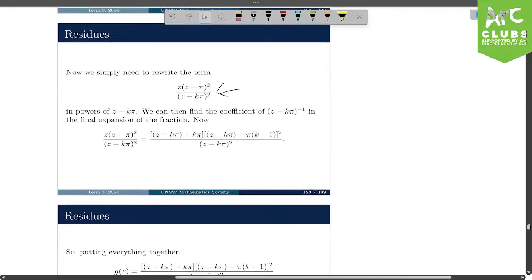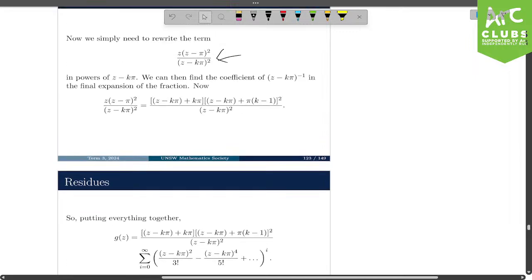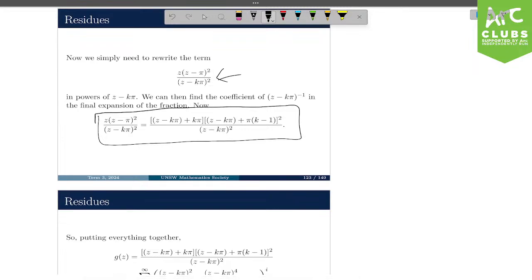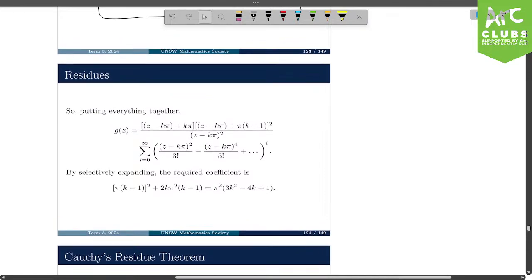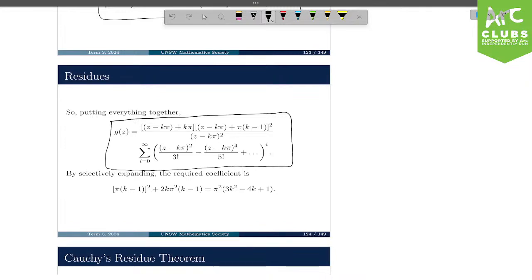And so, what this would give us would be, mind you, we do have to recenter it about z minus k pi. And so, we just look at the coefficient of z to the minus 1.